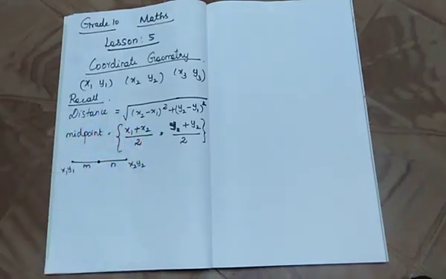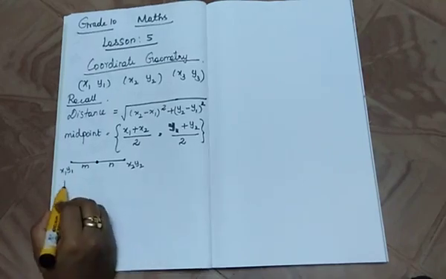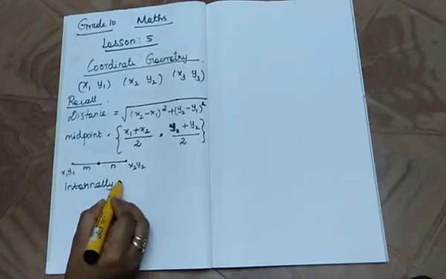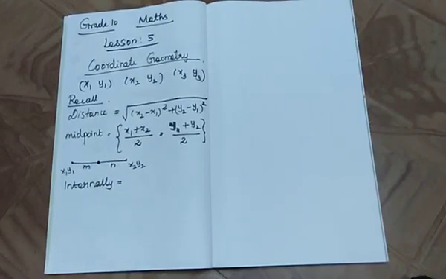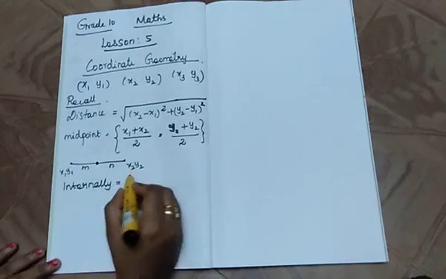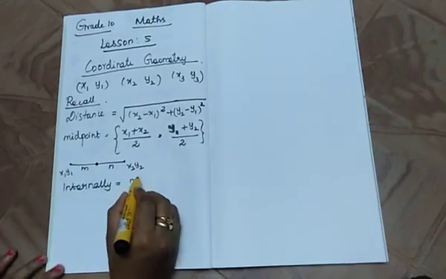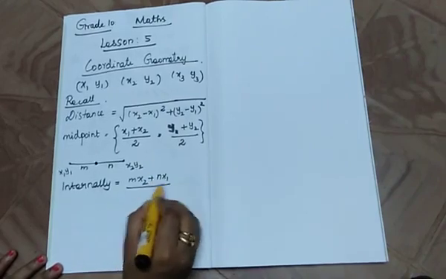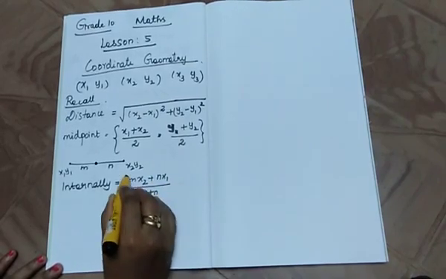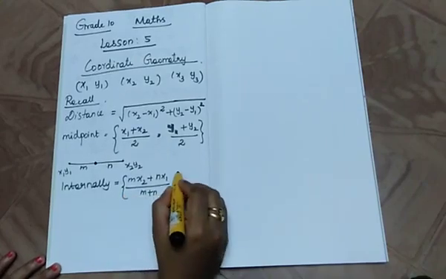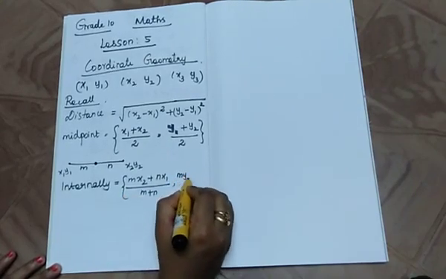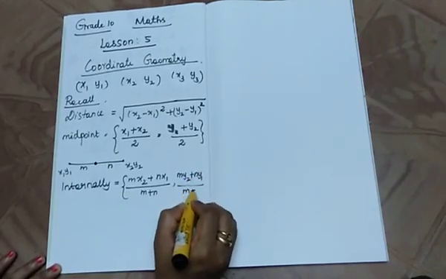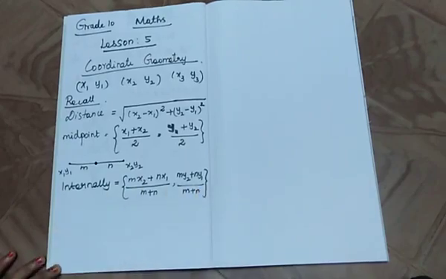If the point divides internally, what is the formula? It is (m into x2 plus n into x1) divided by (m plus n), comma, (m into y2 plus n into y1) divided by (m plus n).